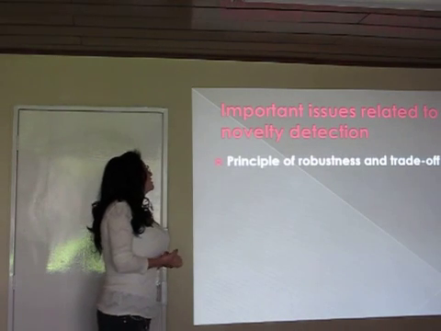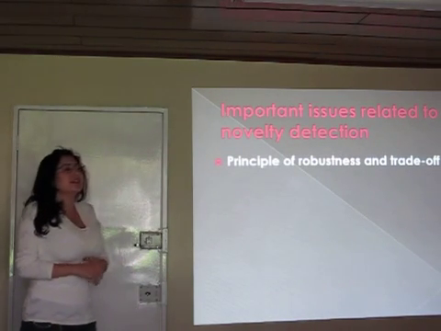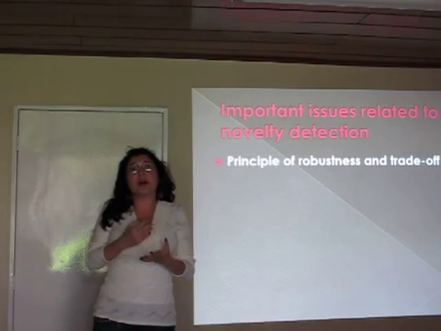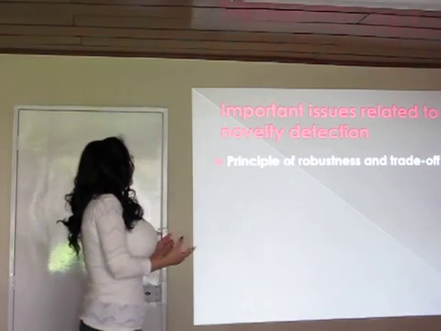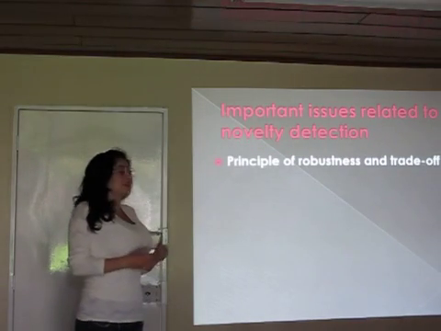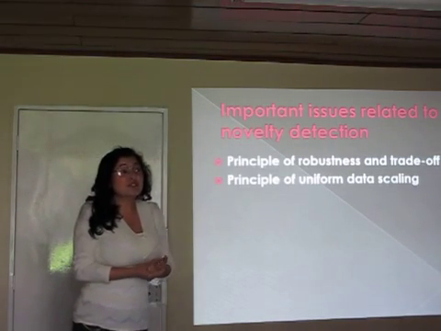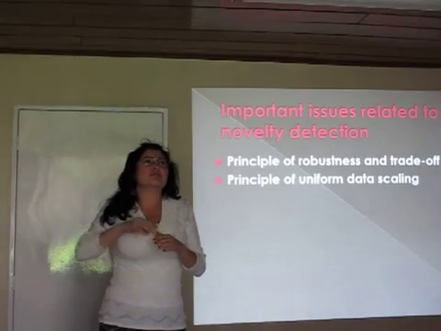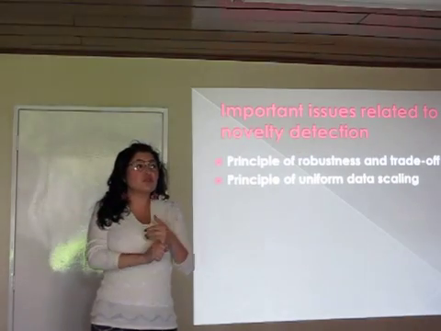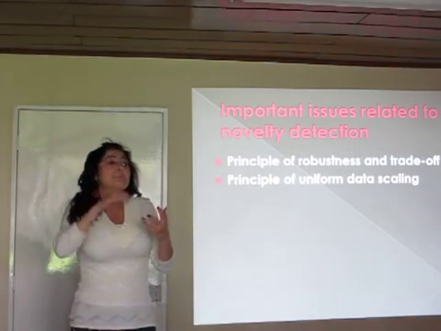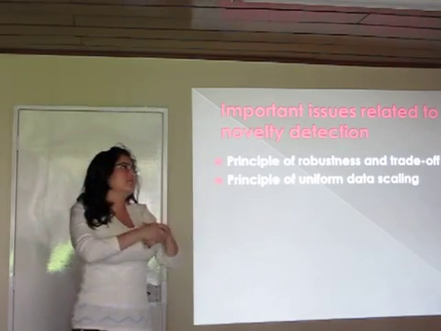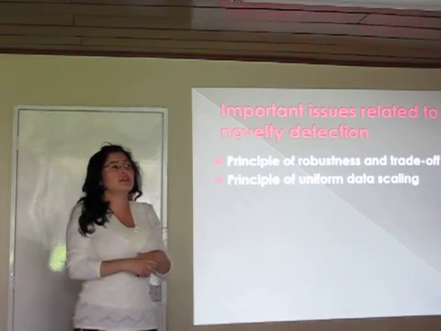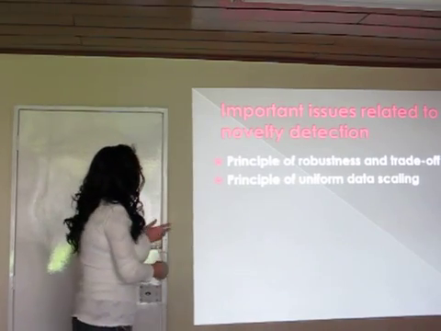What are important issues related to novelty detection? There are several features that you must ideally guarantee in novelty detection. The first one is the principle of robustness and trade-off. That is, you have to increase the amount of true positives and true negatives, but without increasing also the number of false negative and false positive detections.